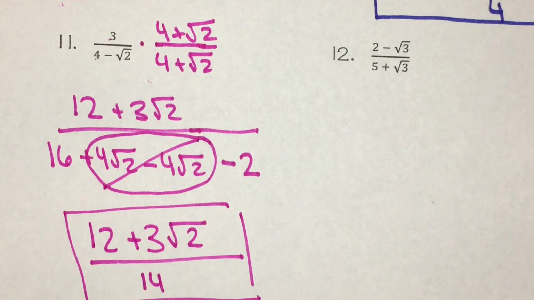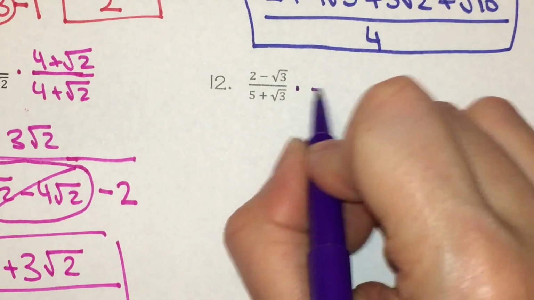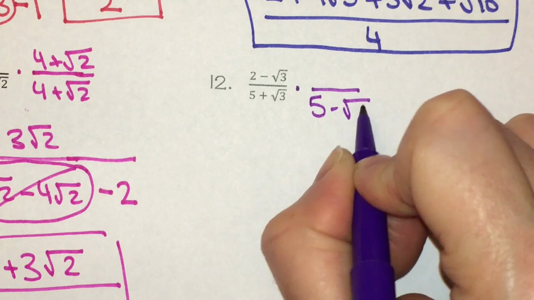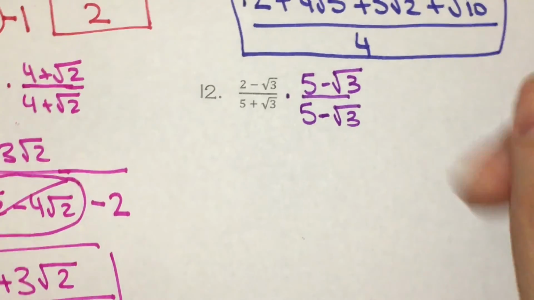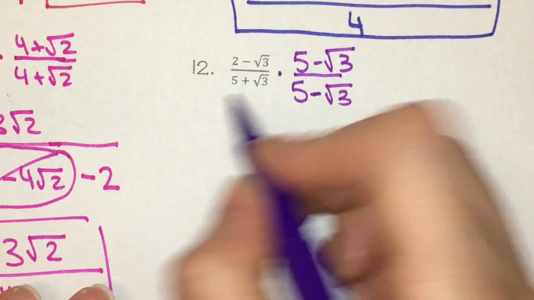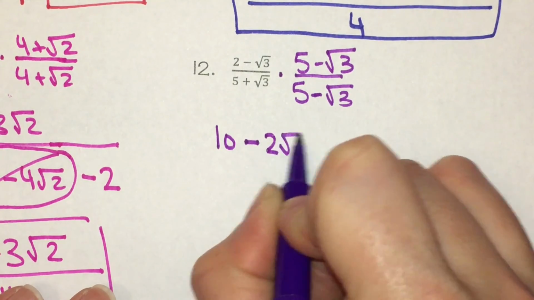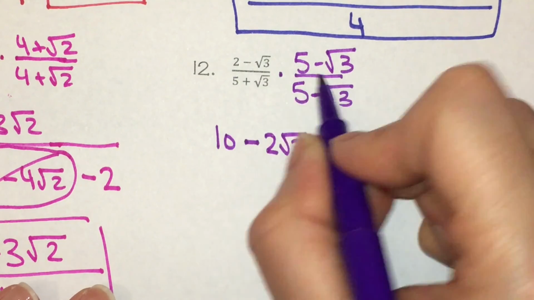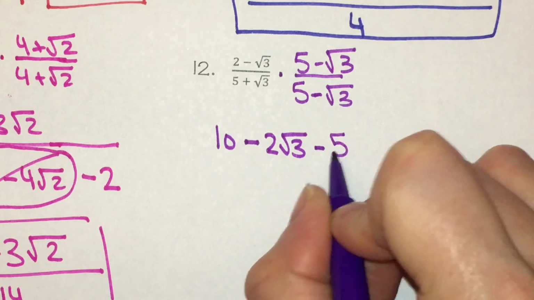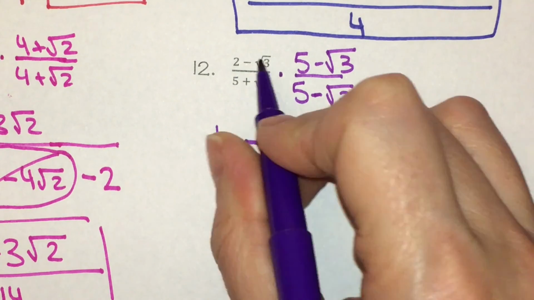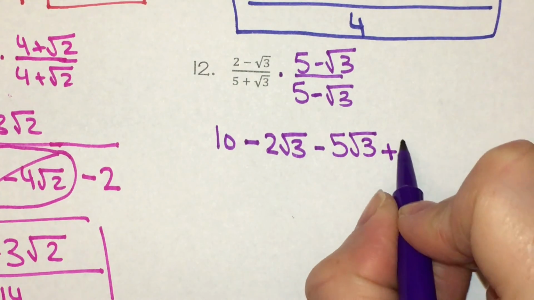And the very last one, multiply top and bottom by 5 minus square root of 3. Okay, so we get 2 times 5 is 10, 2 times negative square root of 3, negative square root of 3 times 5, and negative times a negative is a positive, square root of 3 times the square root of 3 is 3.